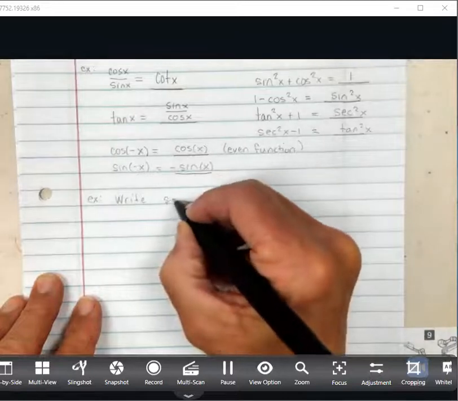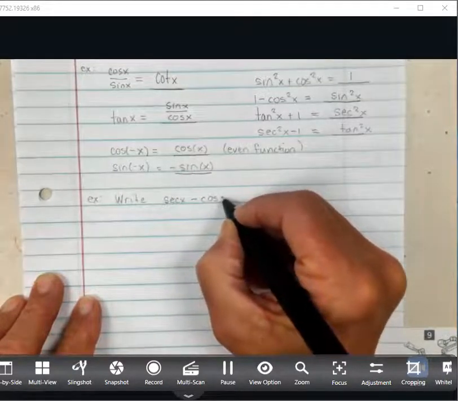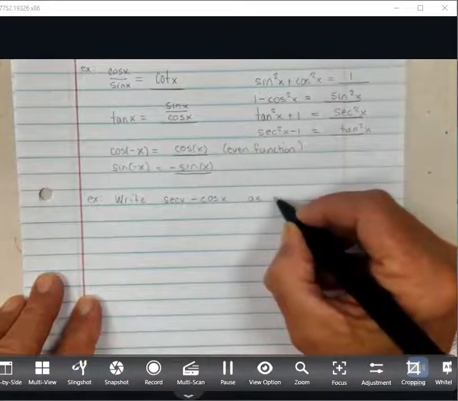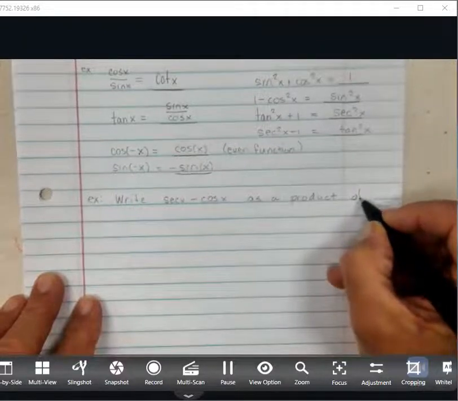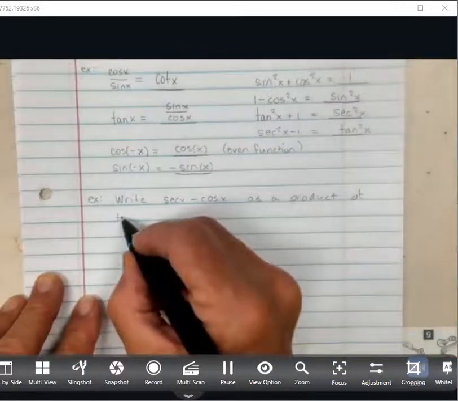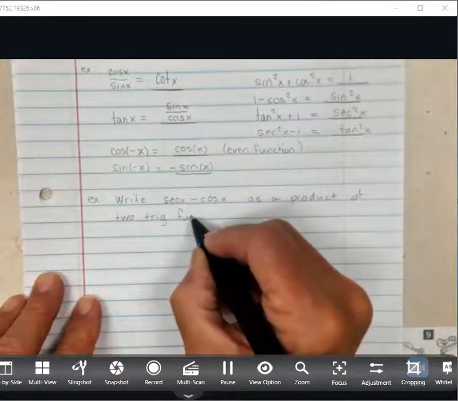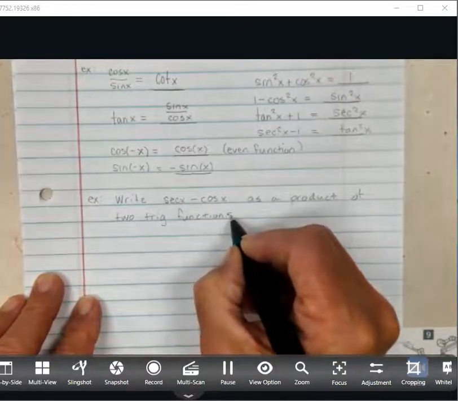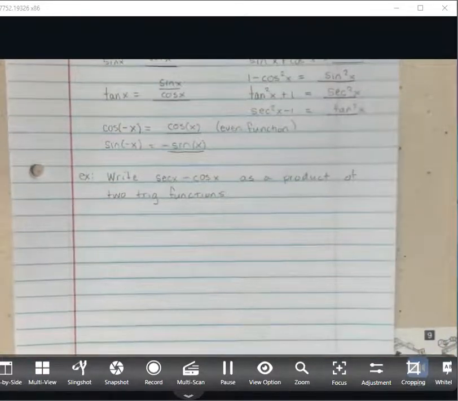Write the secant of x minus the cosine of x as a product of two trig functions. Right now it's written as a difference, and I want you to write it as a product.